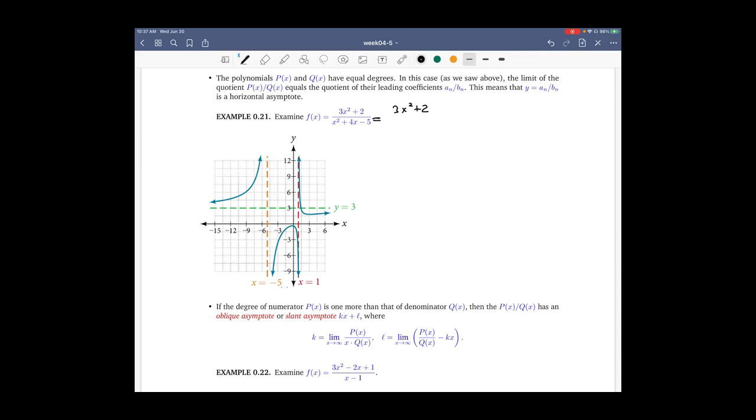The polynomial 3x squared plus 2 simply has no roots over real numbers. But the denominator x squared plus 4x minus 5 easily factorizes as x minus 1 times x plus 5.